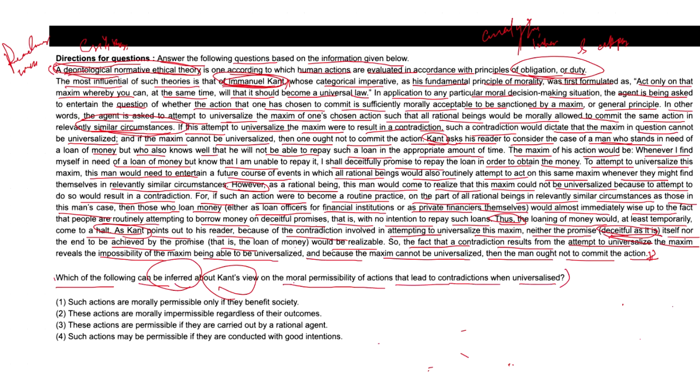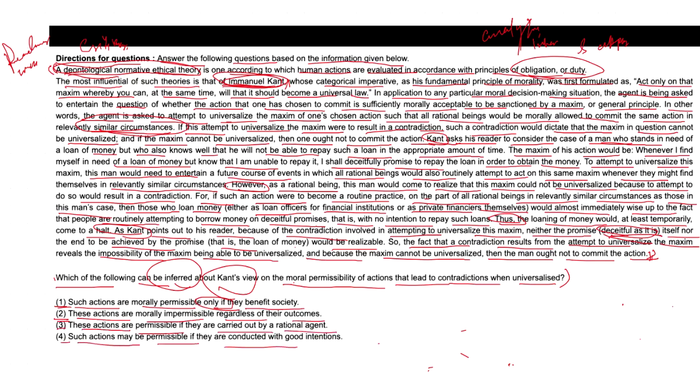The first option states that such actions are morally permissible only if they benefit society. Second, these actions are morally impermissible regardless of their outcomes. Three, these actions are permissible if they are carried out by a rational agent. And four, such actions may be permissible if they are conducted with good intention.